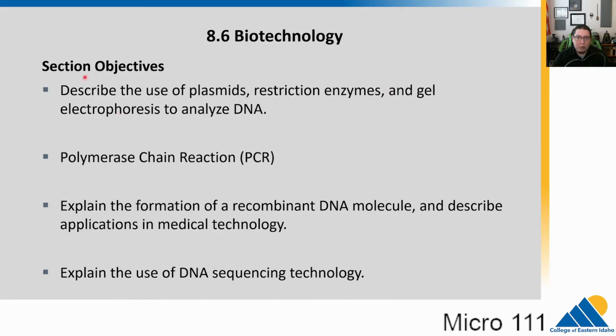These are all ways to manipulate and analyze DNA. We're going to talk a lot about the polymerase chain reaction, or PCR, which is a standard thing for testing for microbes. We'll talk about the making of recombinant DNA molecules and how they can be applied to medicine. And we'll talk about DNA sequencing a little bit as well.